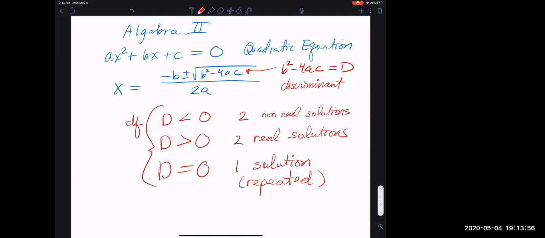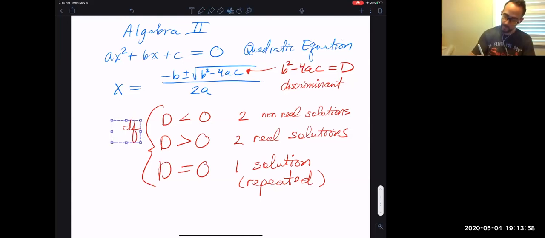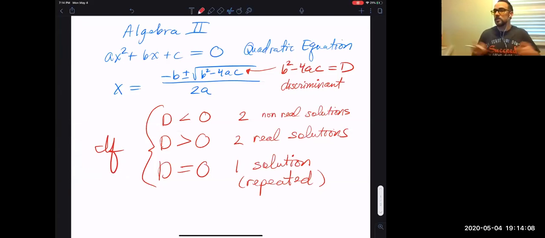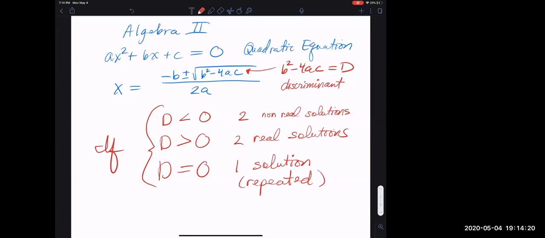That was some about your discriminant. If you want to know what the solutions look like without solving ahead of time, you can use the discriminant to tell what type of solutions you'll have. So when 0 is greater than d, it's two non-real solutions.